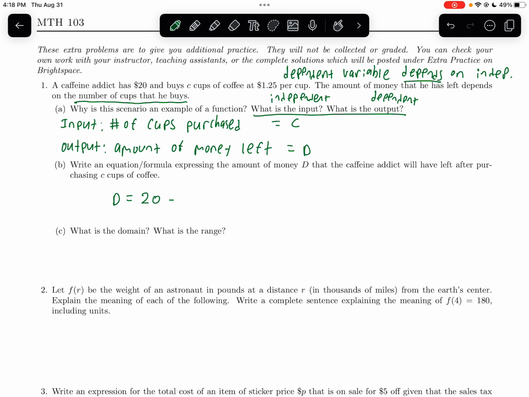For every cup, right, 1 cup is $1.25. So if they buy 1 cup, they lose $1.25. If they buy 2, they would lose $2.50, and so on.